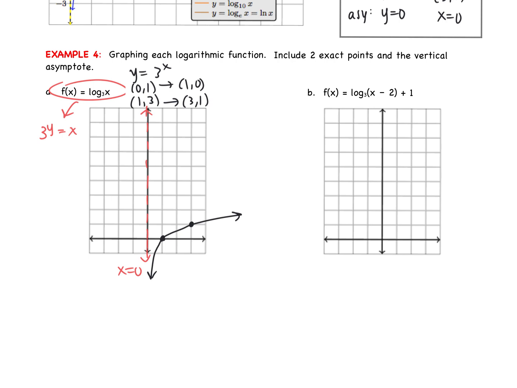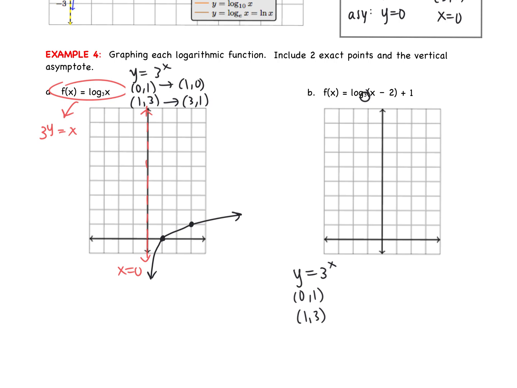Okay. Here's how I would approach something like b. I would say, okay, we're log base 3. So the inverse of that is y equals 3 to the x. So y equals 3 to the x, we know, is going to go through 0, 1, and 1, 3.